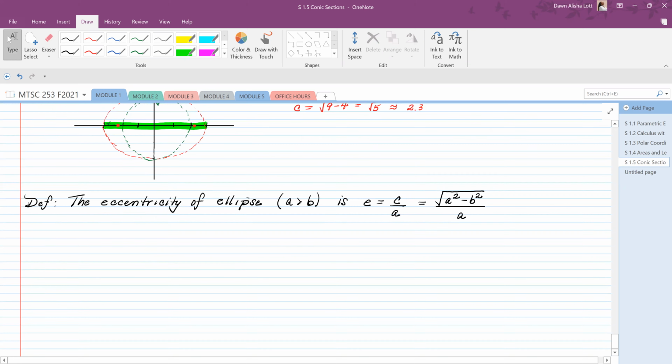So we can talk about different eccentricity, in particular, like planets. So here's an example. Planets revolve around the sun in an elliptical orbit.